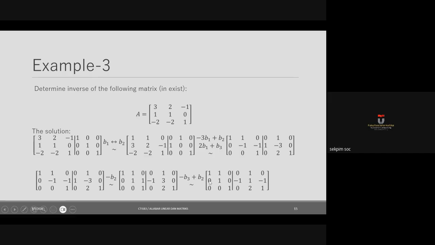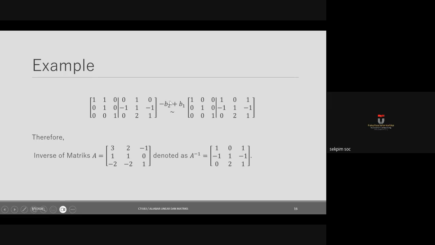The operation is like this: the first row plus minus second row. And we will have this the same, right? The only row that changes is the first row.